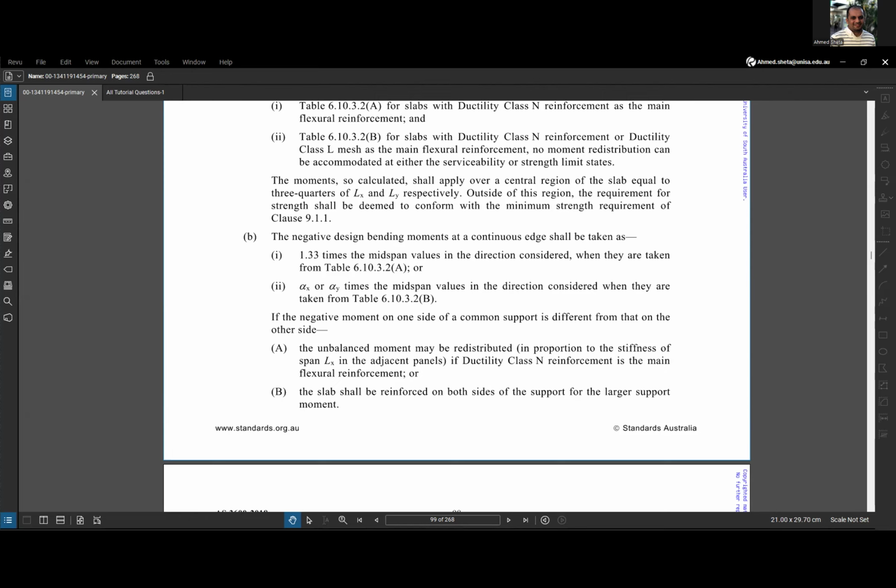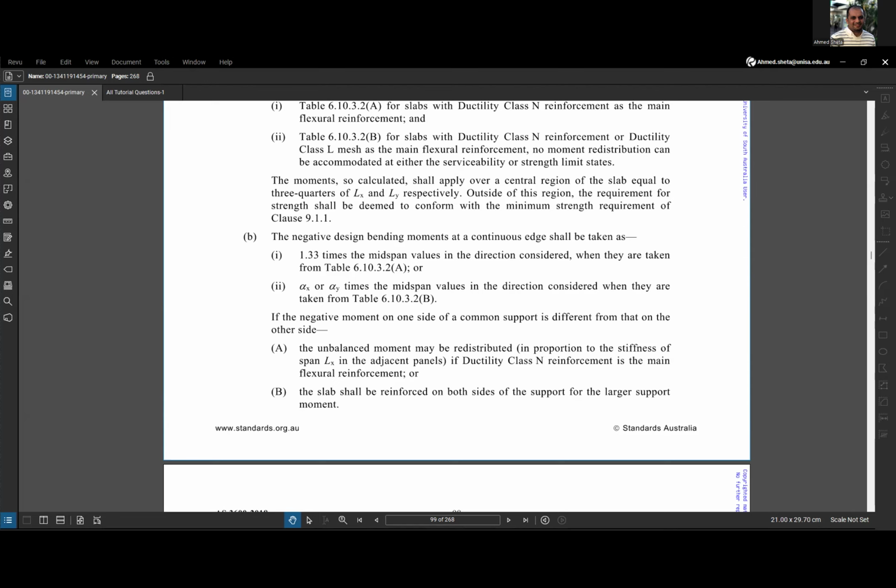And the moment shape, if you want the bending moment shape, will be: the moment here 1.33 M*, here M*, and here we have 0.5 M* negative, and here positive M*.